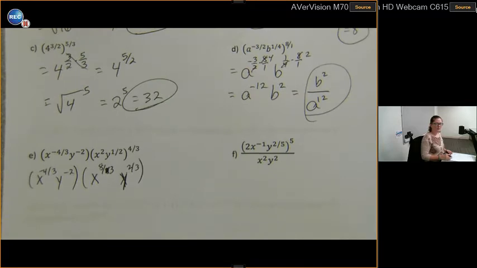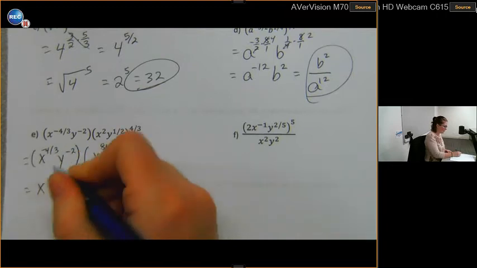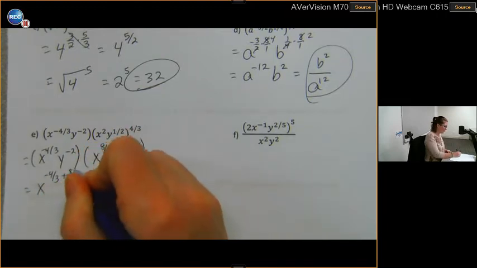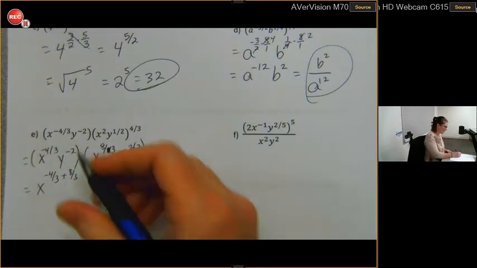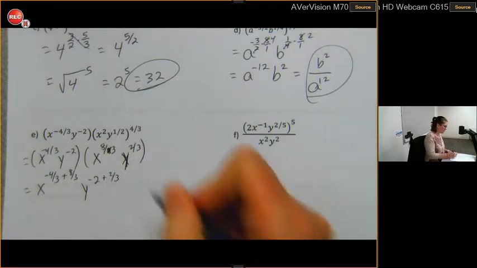Then I'm going to use the product rule and put my like variables together. So I have x to the negative 4/3 plus 8/3, putting my x's together, and y to the -2 plus 2/3.